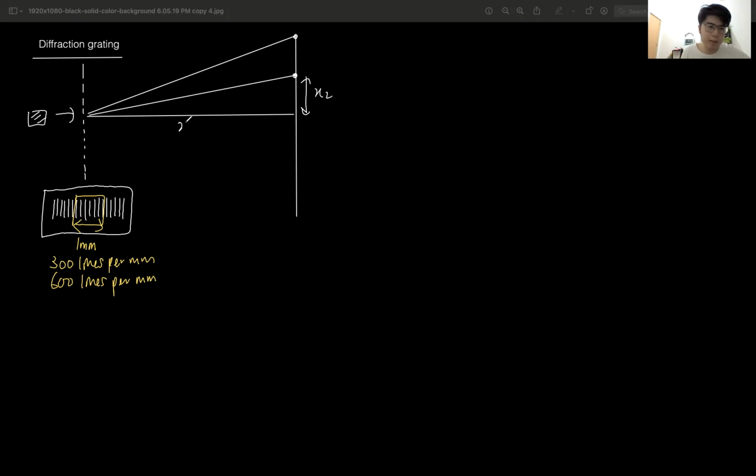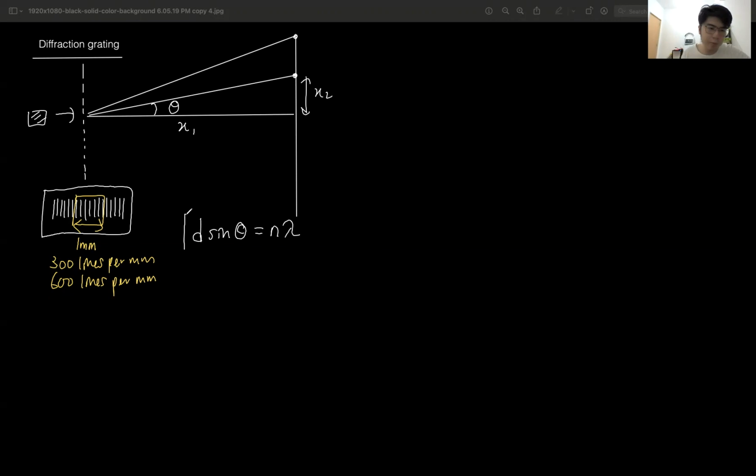And what is the distance here? x1 is the distance from the grating to the screen. Once they get this experimentally, they can calculate the angle using trigonometry. Once they get the angle, then using the formula, d sine theta equals n lambda.